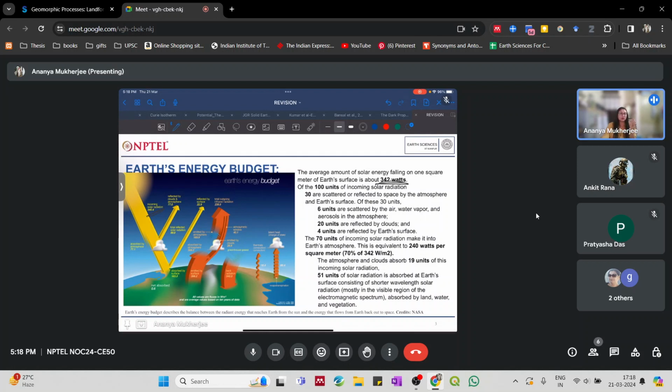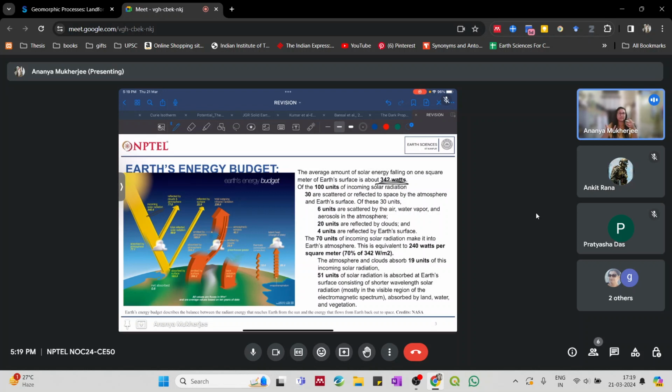Either they are absorbed or scattered or reflected back. The absorbed energy can be re-emitted back into the space, or then again this re-emitted energy can be absorbed by the atmosphere again. Okay, so there are different kinds of interactions that take place with the incident solar energy and the solar energy that is given back.